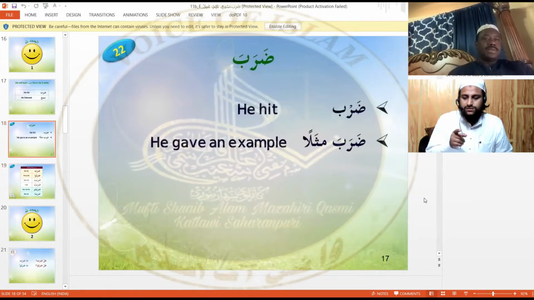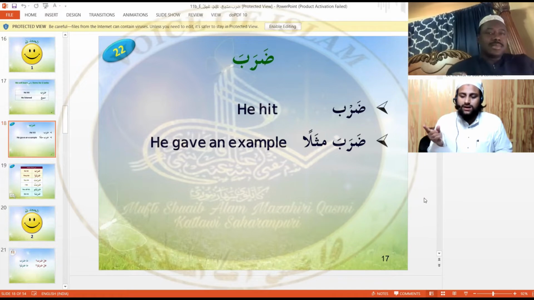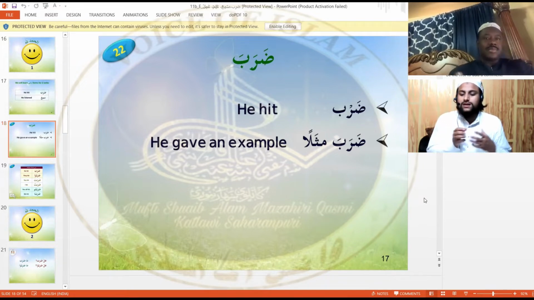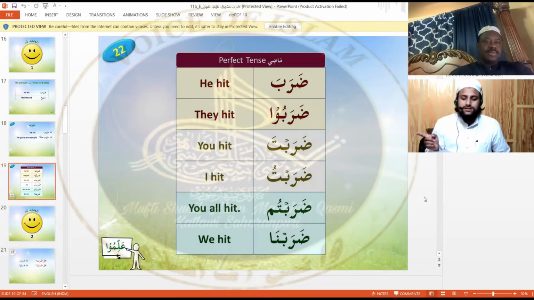You know, this word has two meanings and maybe more; it depends on where it's used. With the word مثلا after it, it means giving something, like giving an example.